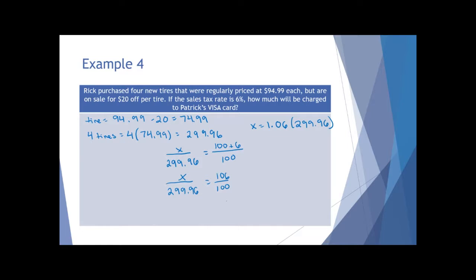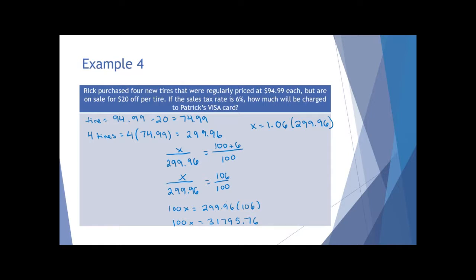So when I multiply by diagonals, I get 100x equals 299.96 times 106. So of course I have to do this on a calculator. It's very rare that I do anything with percents without a calculator, because unless you get really lucky with your numbers, most of the time you need a calculator.